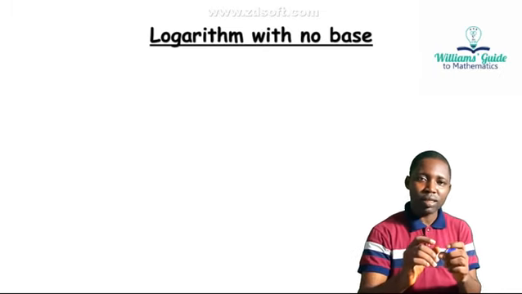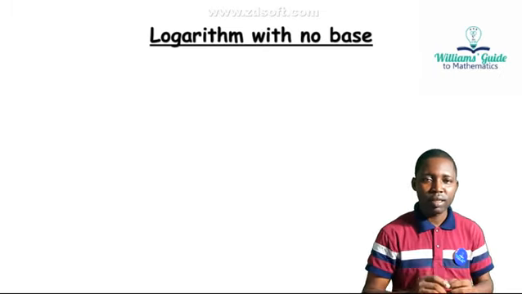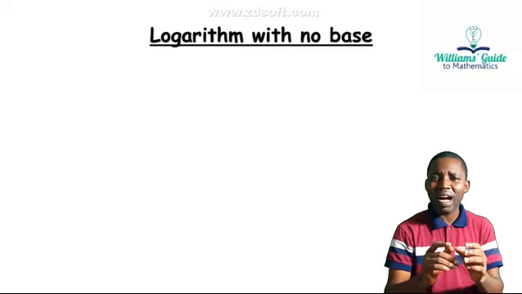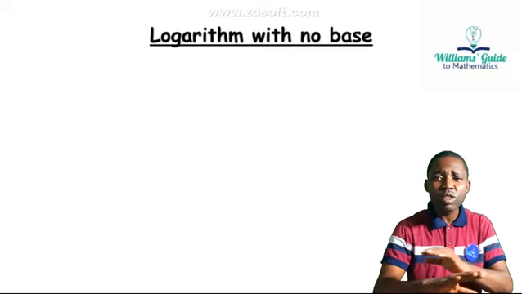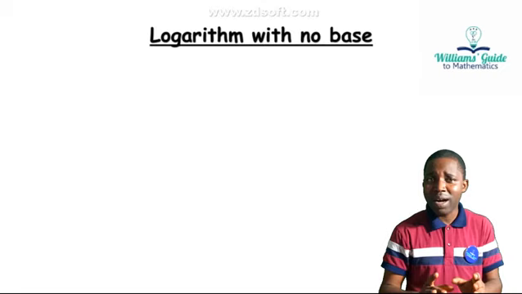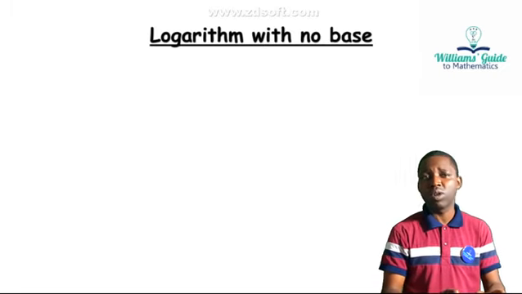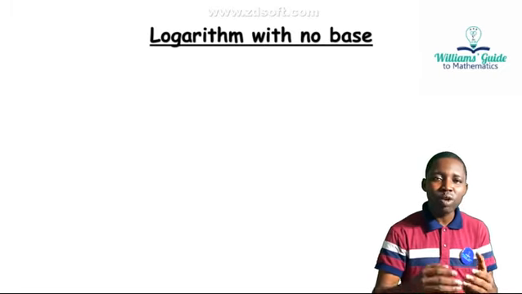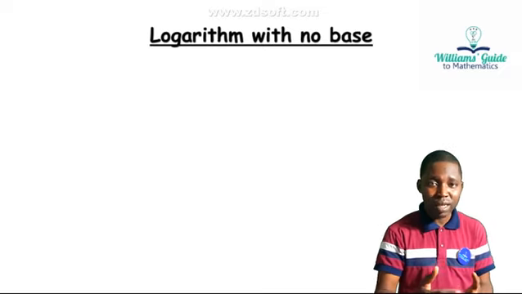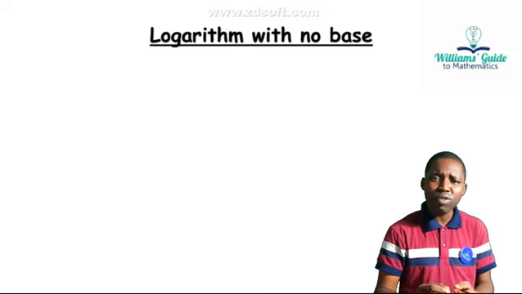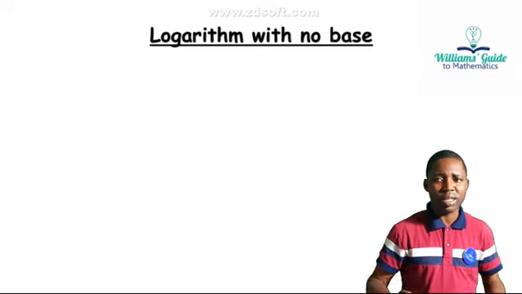Before we take a look at the examples for this lesson, let me tell you that we can have a case of logarithm with no base. Remember we said at the beginning of the theory of logarithm that we are working with logarithm with any base. The base could be given, but we can have some problems with no base at all.